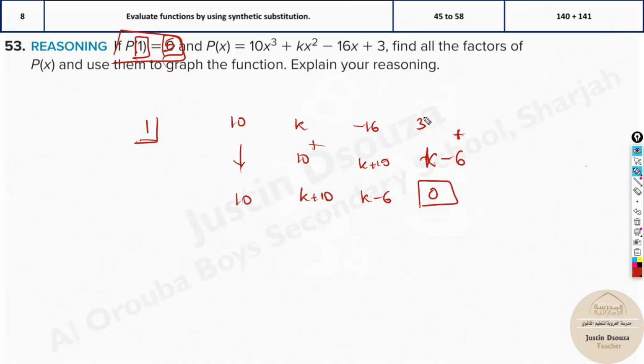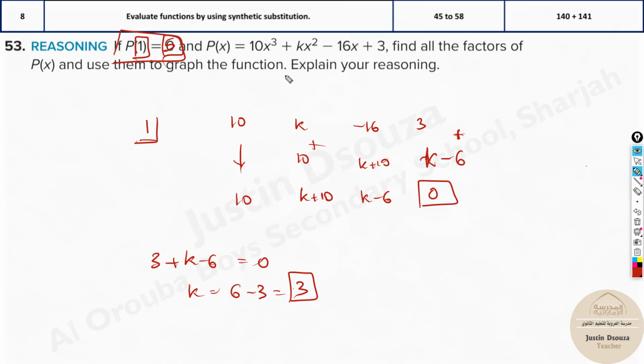Because we know that if we add 3 and k minus 6, it must be equal to 0. So we add 3 plus k minus 6, that is equal to 0. Solve for k. K is equal to, this goes to the other side, it becomes plus 6 and this becomes minus 3, that is positive 3 is the answer. That is the value of k, this one.